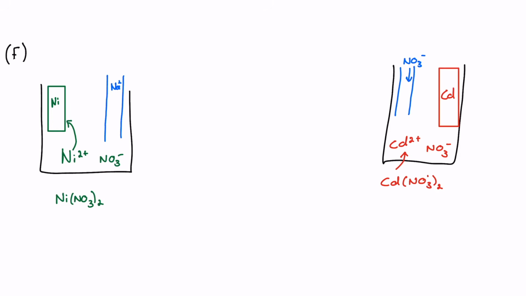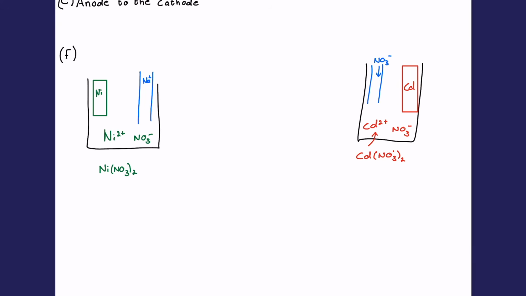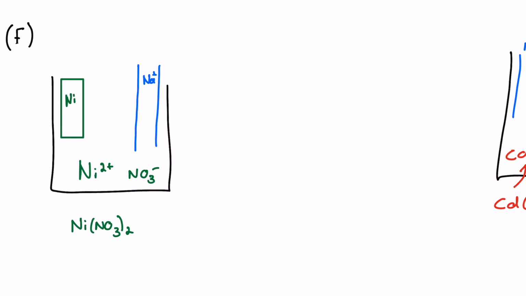That in principle causes a sort of charge imbalance, or not a charge imbalance, but you can just think of it as these nickel 2 plus ions flow towards the electrode, they reduce, they form nickel solid. This means that the sodium plus ions in the salt bridge want to start flowing out of the salt bridge into the solution, right?